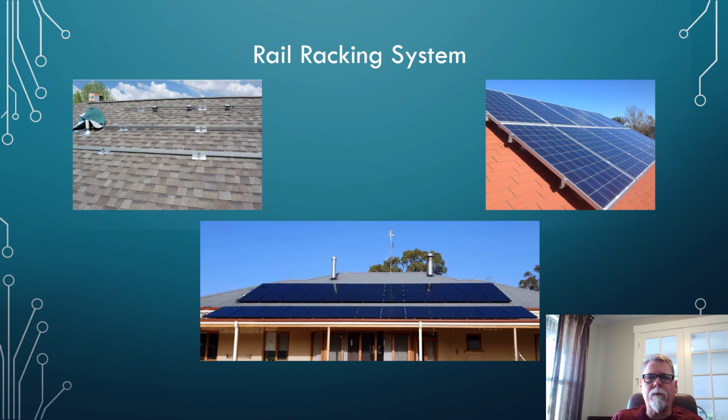And in this lower picture, since there's no skirt, you can just see underneath the panels. And on the left hand side of the picture, you can see some of the components sticking out. That's one of the problems with the rail system. It's just the way it looks.